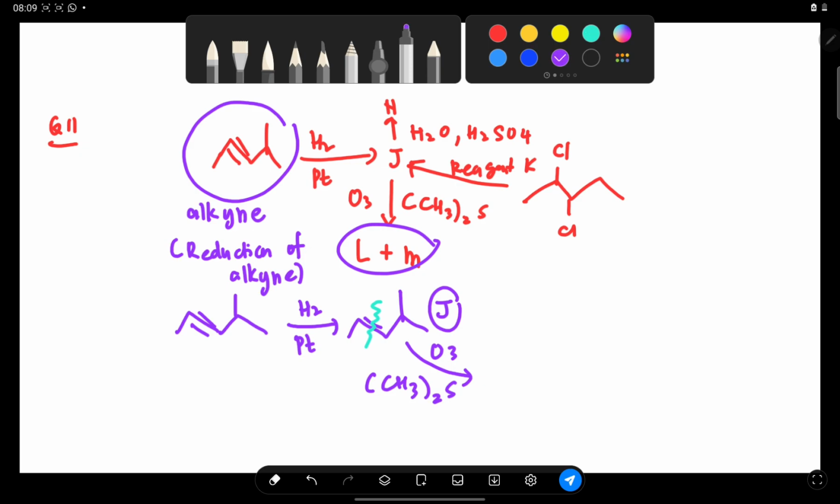Then the answer should be like this. At the place where you cleave the double bond, you should add O, oxygen, and this O. Okay, this is the answer for L and M.